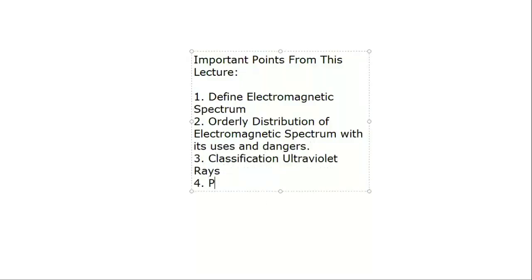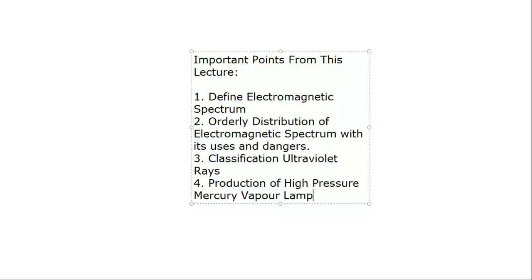Fourth point, production of high pressure mercury vapor lamp, that is your sun alpine lamp.